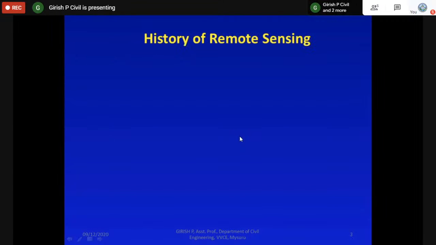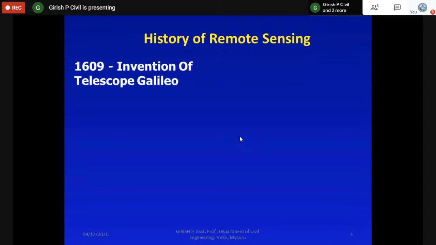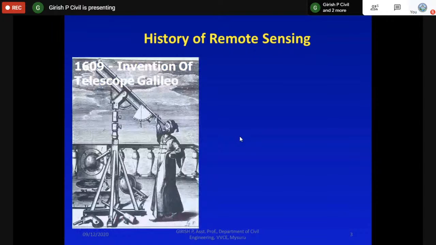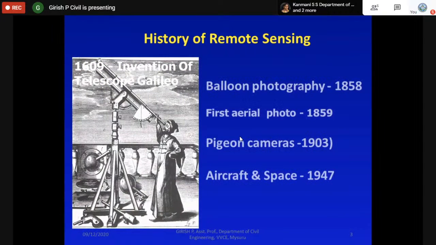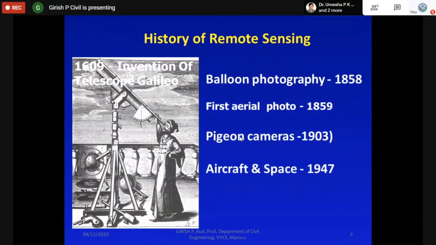Coming to that, remote sensing. Remote sensing is not a new subject. It is the oldest subject, oldest in the sense that in the 60s itself, there was the innovation of the telescope. So slowly, decade by decade, new technology was added and the olden techniques improved.